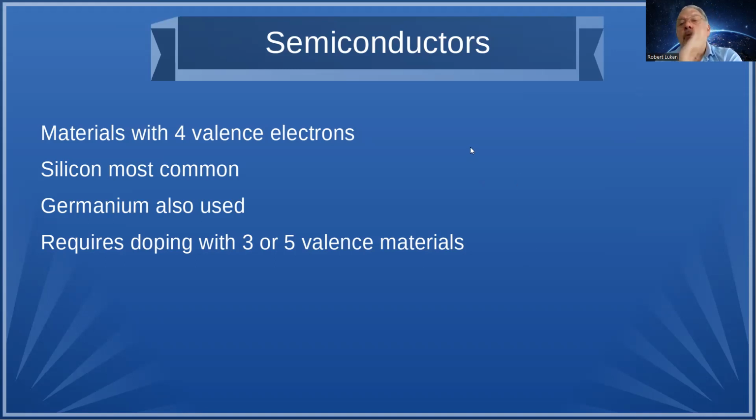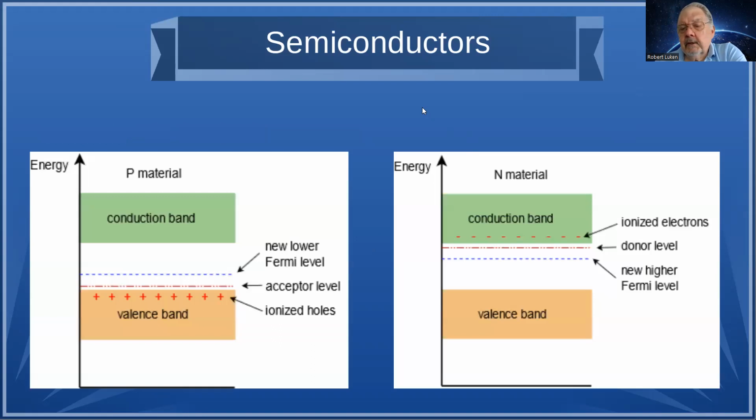But in order for it to work as a semiconductor, we actually have to add impurities to the crystals. So when we grow a silicon crystal, we add boron or phosphorus, like I said before, to convert it to a positively or negatively charged material.